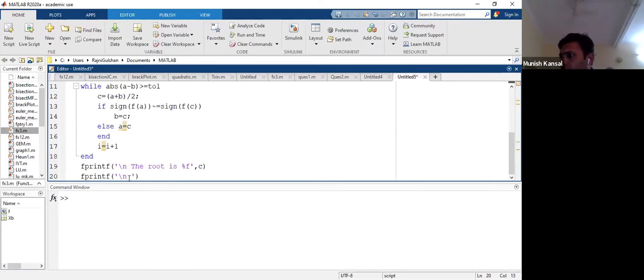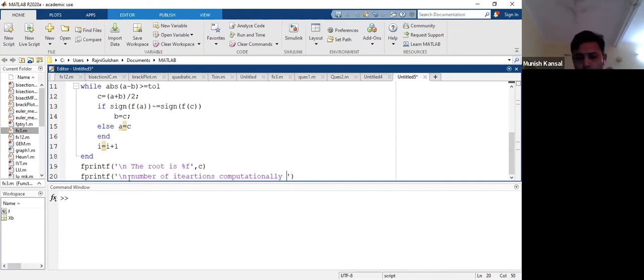So you can write down the number of iterations used computationally. I should write down the word computationally here.